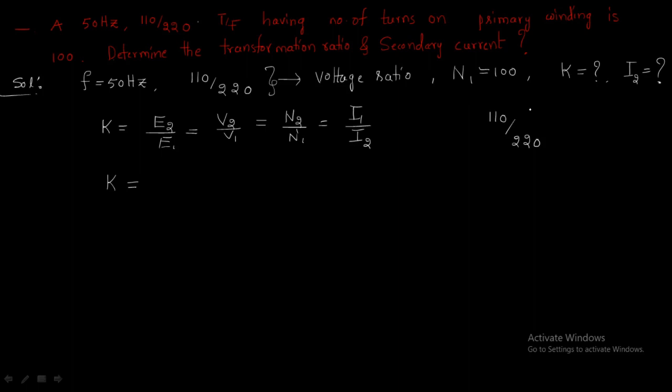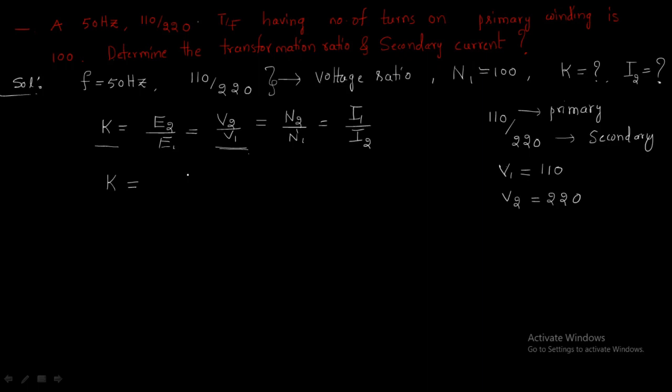In a problem, the first quantity mentioned is always primary and the second is secondary. The numerator is primary, the denominator is secondary. So take V1 equal to 110 and V2 equal to 220. To find K, I consider V2 by V1.